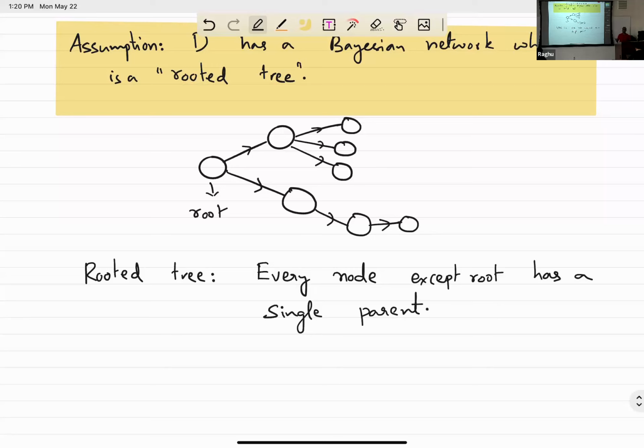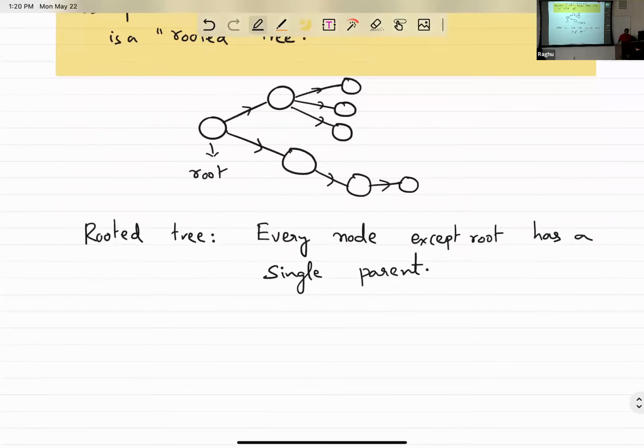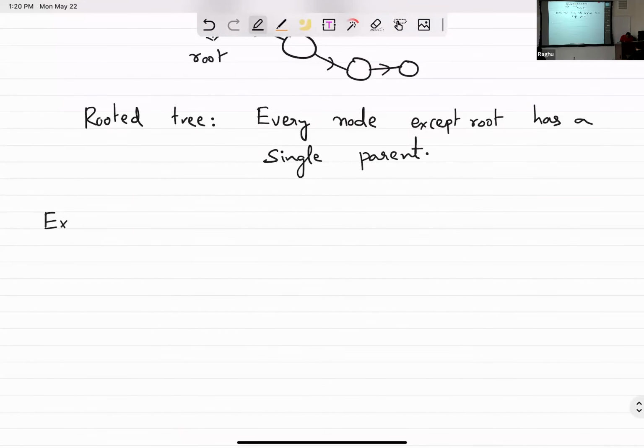Okay, so a Markov chain is definitely a Bayesian network whose network is a rooted tree. It's just a simple fact. As an example, Markov chains definitely fall into this category.